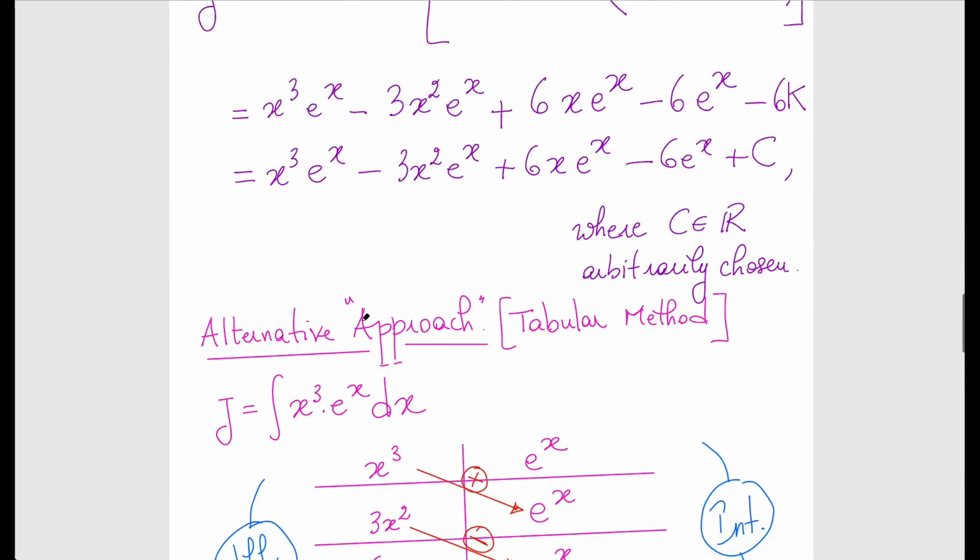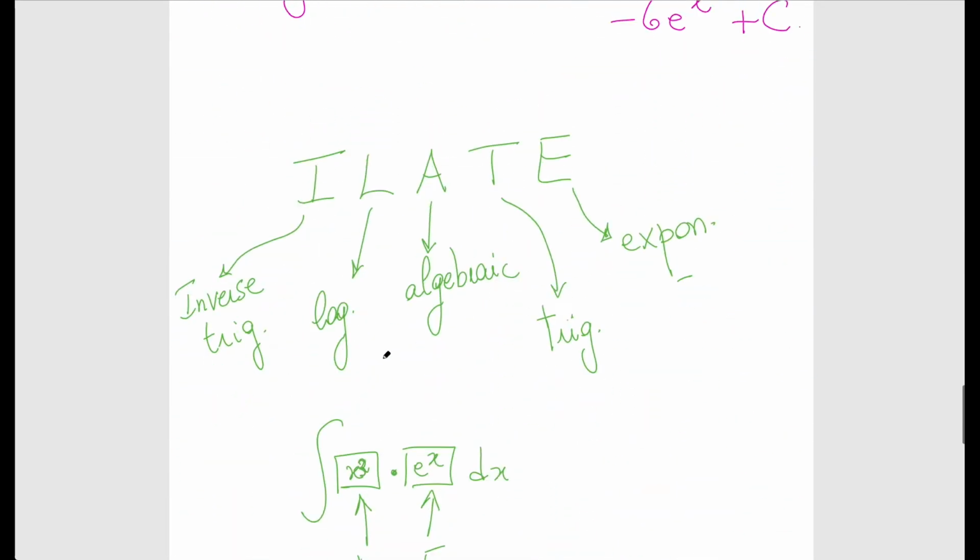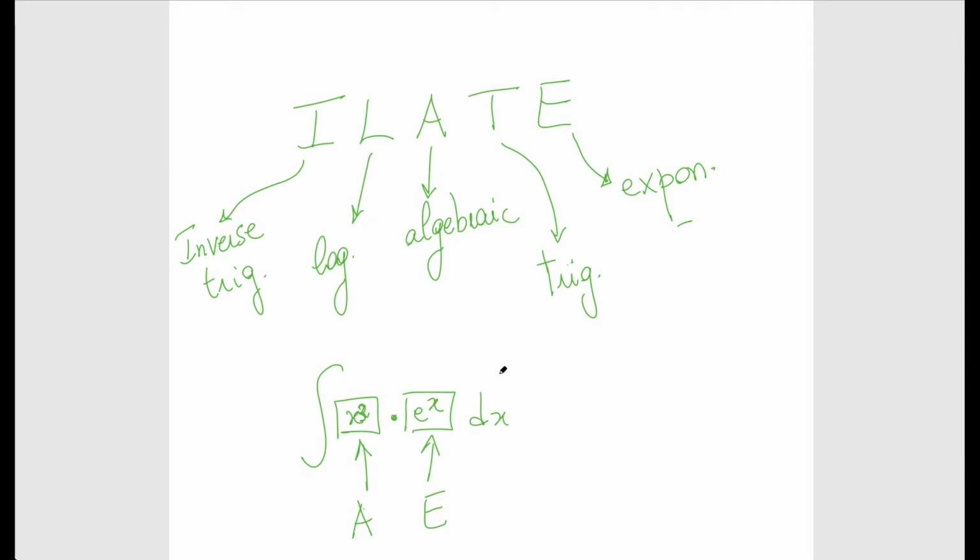However, with that said, if these two happen to be one I and one L, or one T and one E, it doesn't matter which one takes the role of V. So here they're the same.